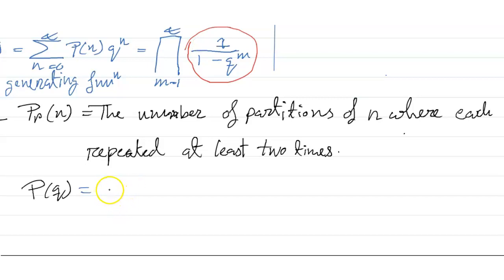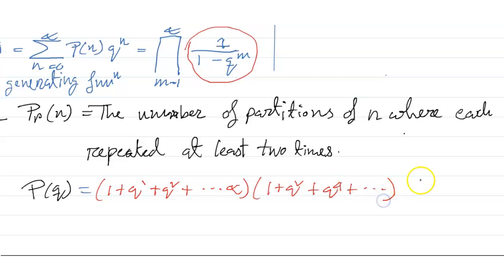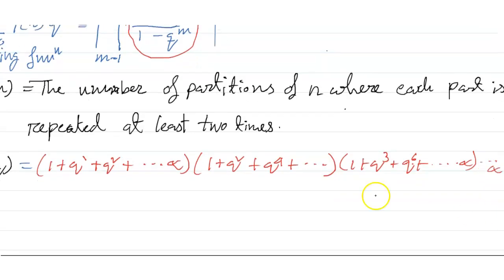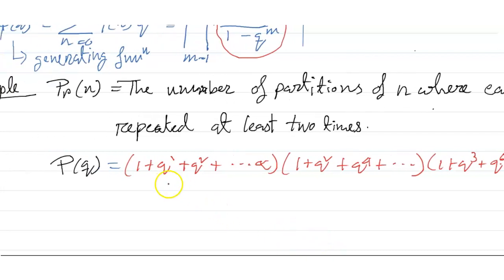So I get this way: 1 plus q square plus up to infinity, into 1 plus q square plus q to the power 4 plus and so on, and 1 plus q cube plus q to the power 6 plus and so on, and it's going on up to infinity. And it can be written this way.